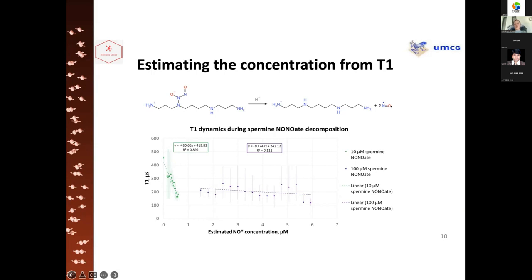Nitric oxide is a radical, and you can make it in a somewhat controlled environment. Then we can measure T1, and we know the nitric oxide concentration, so we can make a calibration of what radical concentration gives what T1. And then we can later take the radical measurements that we did and convert the T1s to an estimation of the radical concentration.